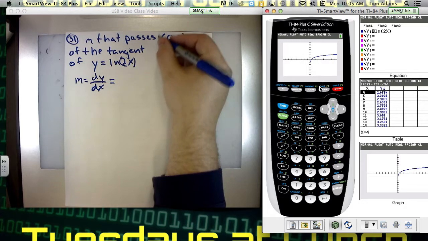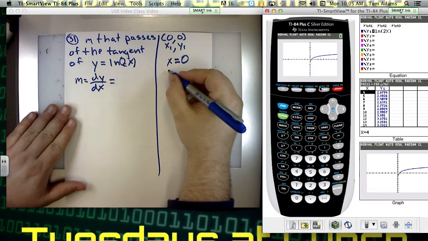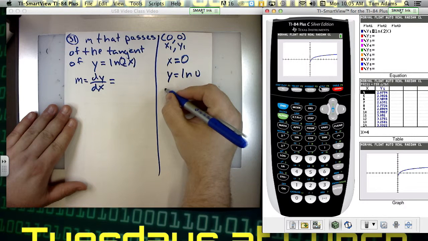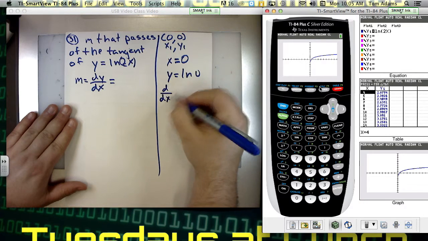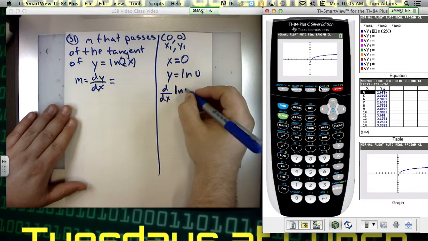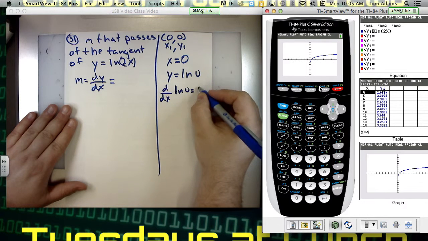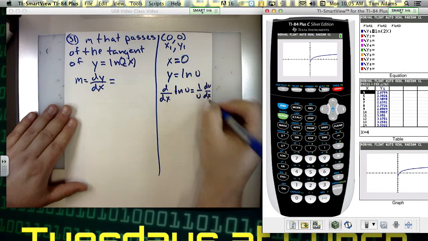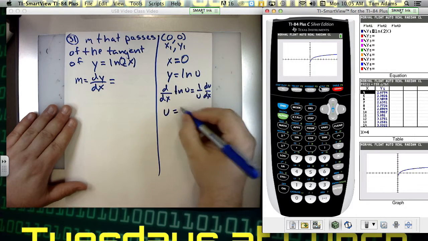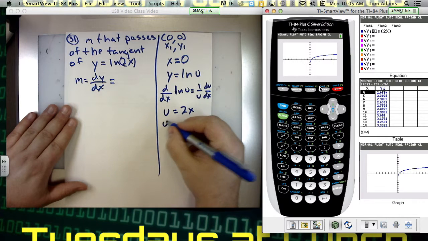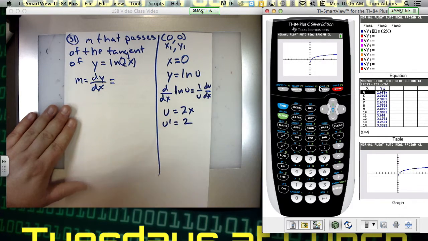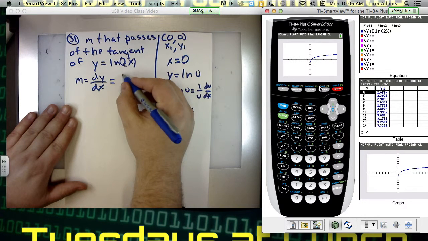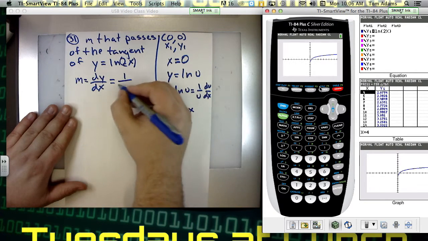Think of this as taking the derivative of the natural log of u. Well, we said that the derivative of the natural log of u is equal to 1 over u times du/dx. In this case, we're going to let u equal 2x, and then u prime, or du/dx, is just 2.